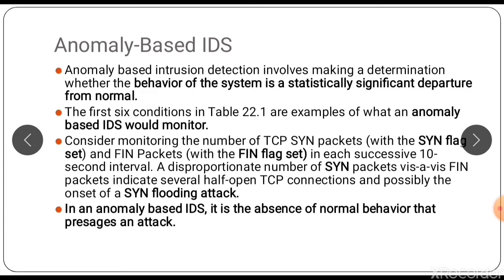Anomaly based intrusion detection involves determining whether the behavior of the system is a statistically significant departure from the normal. The IDS will have to learn over time what constitutes normal activity, usage and behavior.